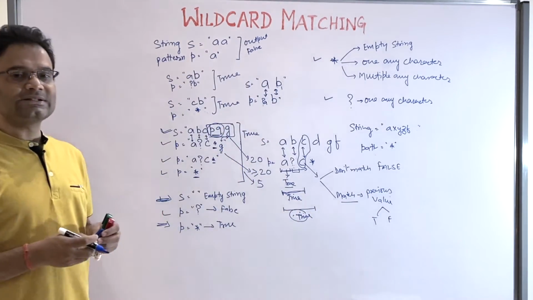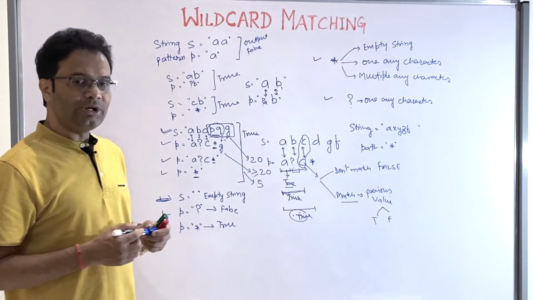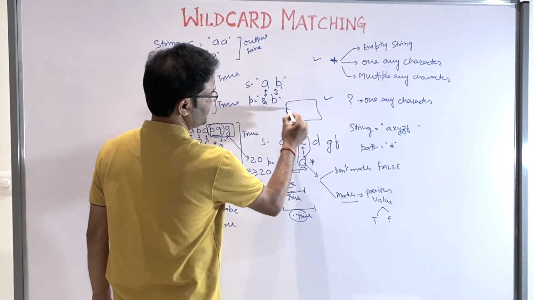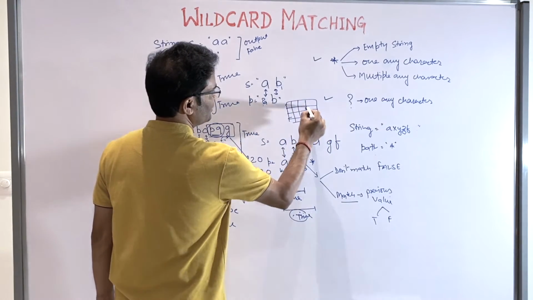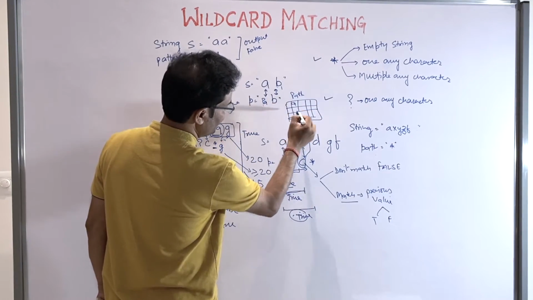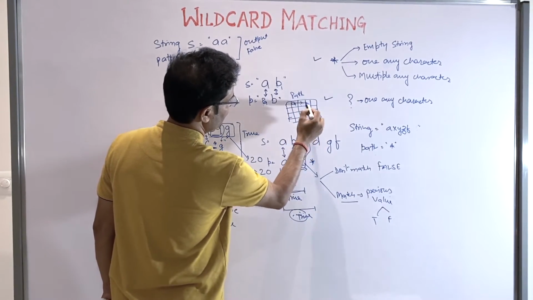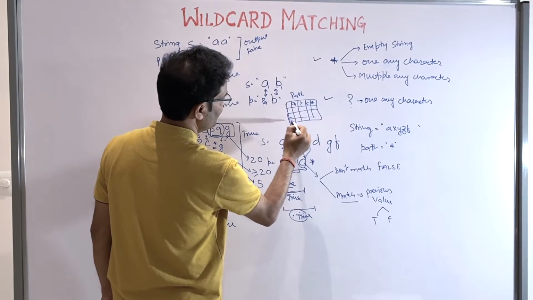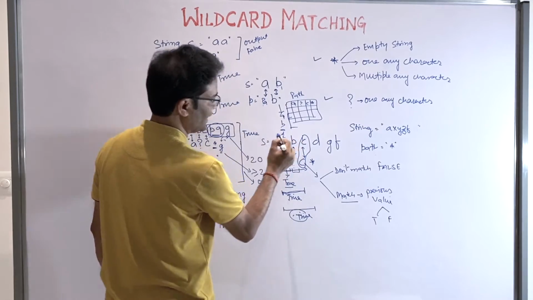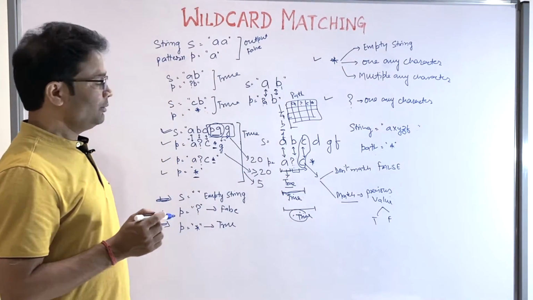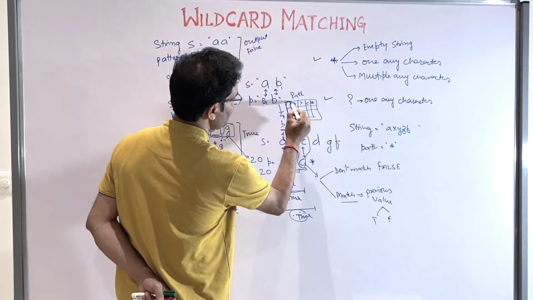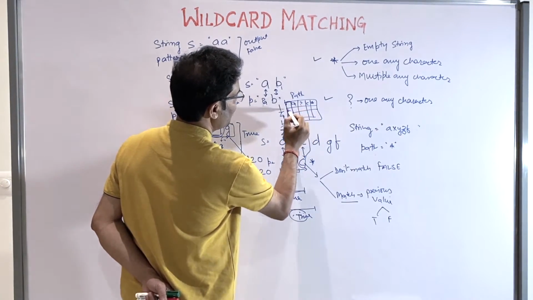So to make this kind of solution, the easiest way is to take a 2D dimension. So what I will do here, I will put the pattern here. In this case, the pattern is A, question mark, C and D, and here we will take the string. What is the string here? A, B, C, D, F. Okay, but an important thing is that we have to leave one row and one column also.